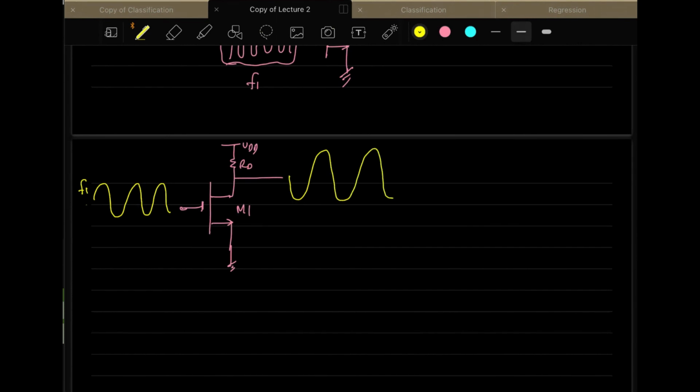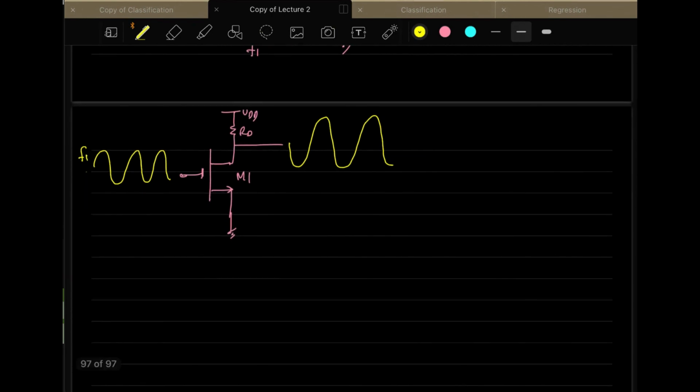Now we will apply a signal which is of higher frequency, as you can see here. If we apply a higher frequency, let us say f2, we want to see what output M1 will give.